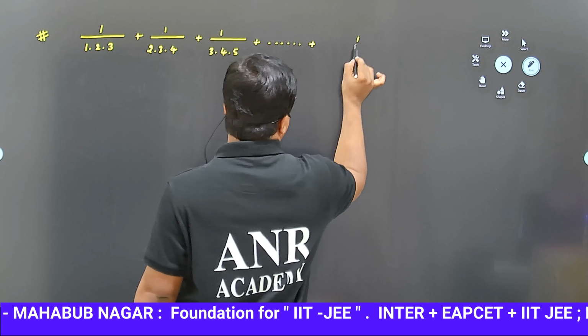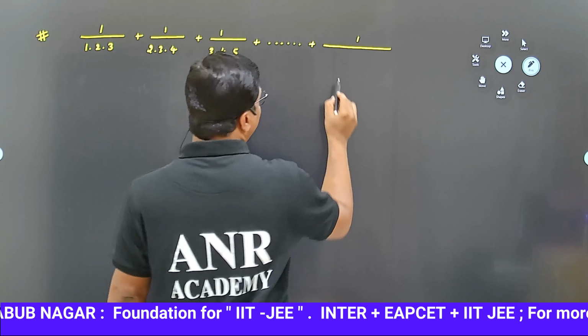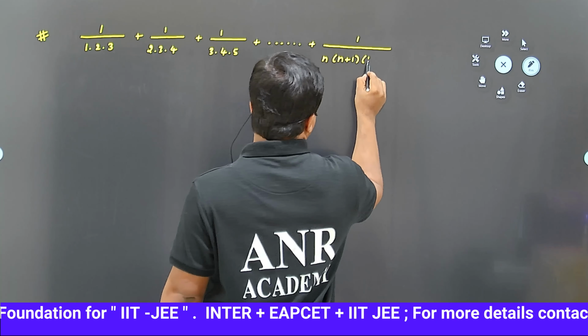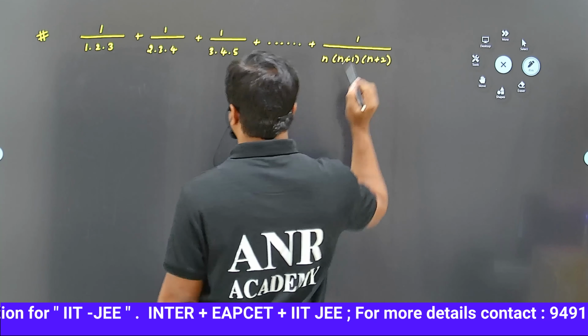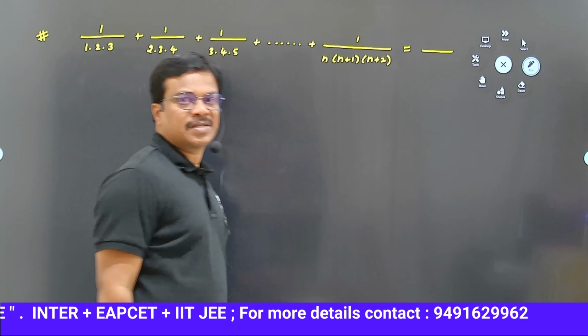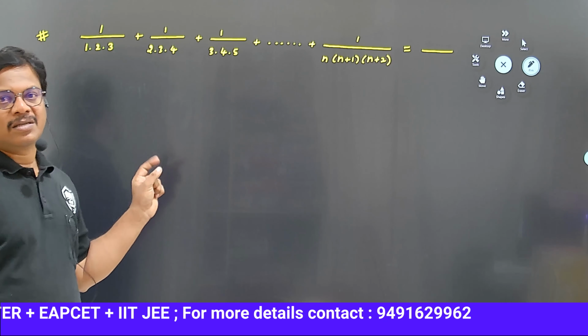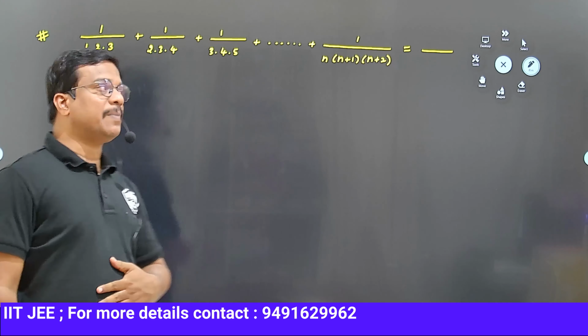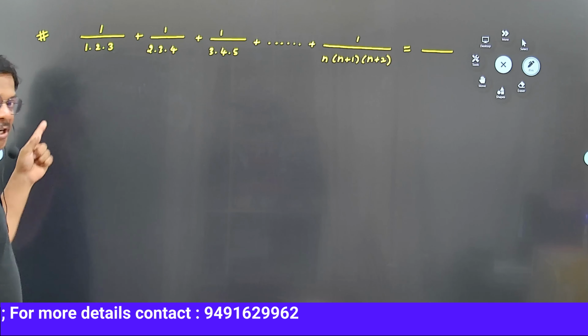Last nth term 1 by n, n plus 1, n plus 2. Then observe the sum of these terms. Again here clearly the sequence of terms is not in AP as well as GP, and I am going to follow the method of difference.